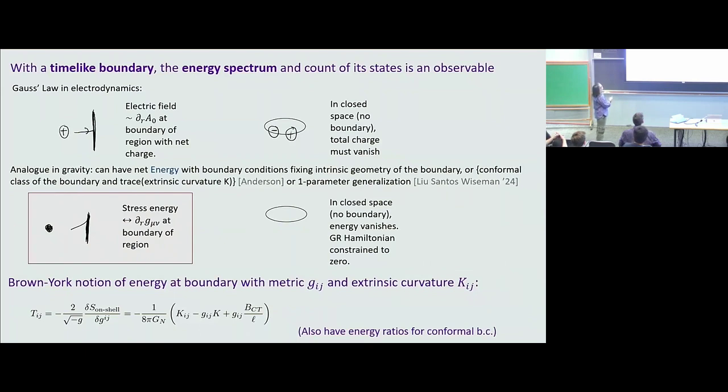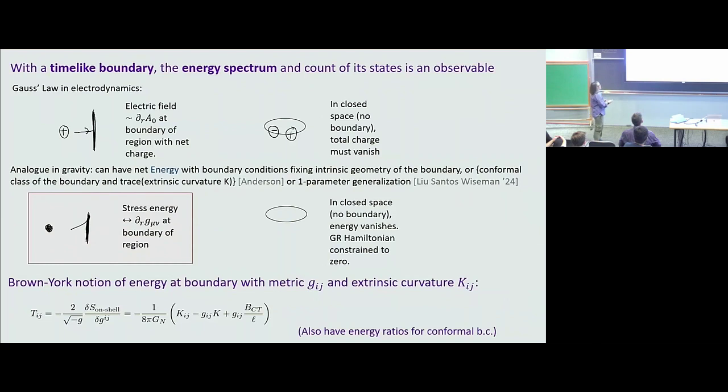So with a timelike boundary, the first thing to say is that in terms of this question of what observables there are, one set of observables, which I already mentioned and which is really important, is that the energy spectrum is an observable. Just to make that intuitive, if you go back to electrodynamics, if you have a closed space, then Gauss's law says you have no net charge. If you have a bounded space, then of course you can have a net charge with a corresponding electric field at the boundary.